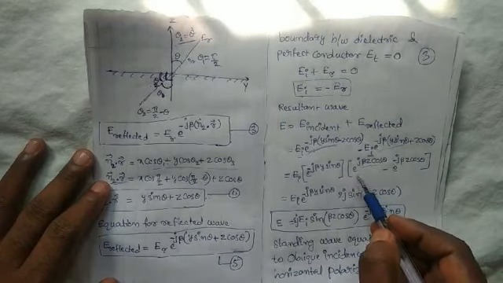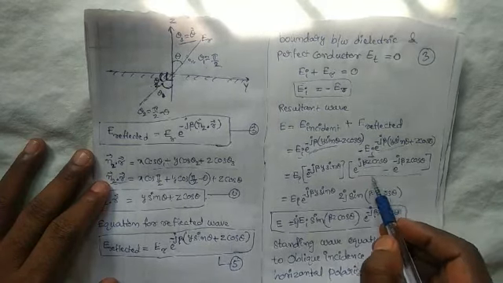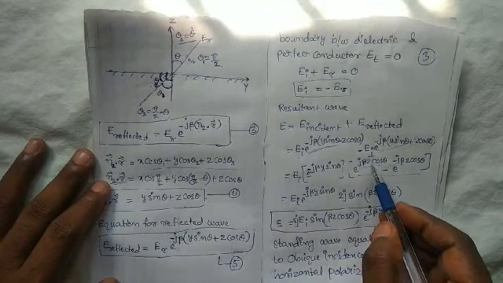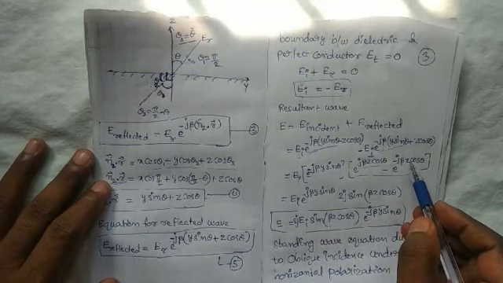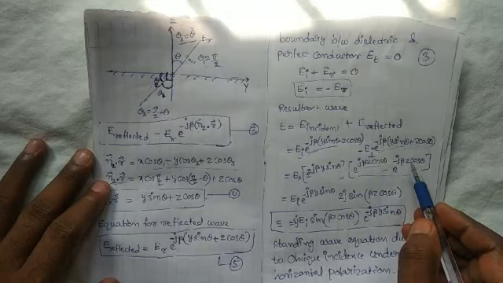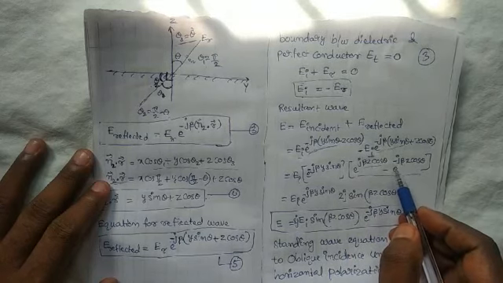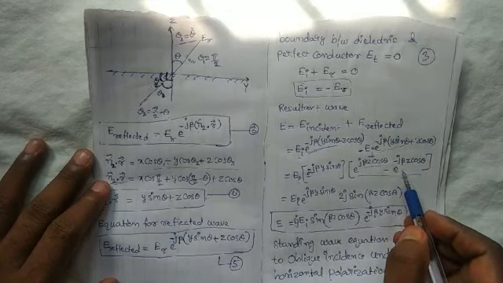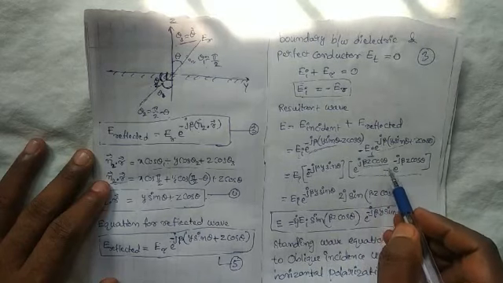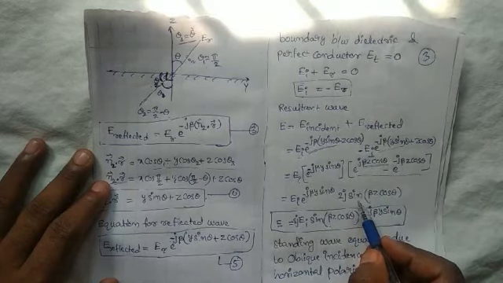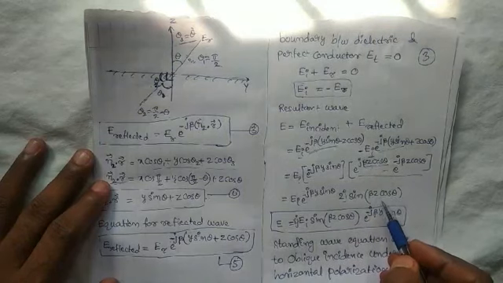Here which is equal to what? This one is in the form e power j theta minus e power minus j theta, which is equal to 2j sin theta. Here theta value is beta z cos theta, so 2j sin of beta z cos theta.